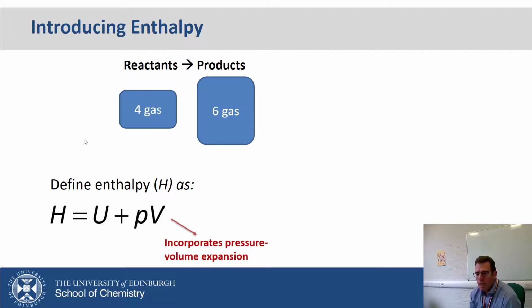And enthalpy is given the symbol H, and that's defined as the internal energy of a system plus the pressure volume expansion.